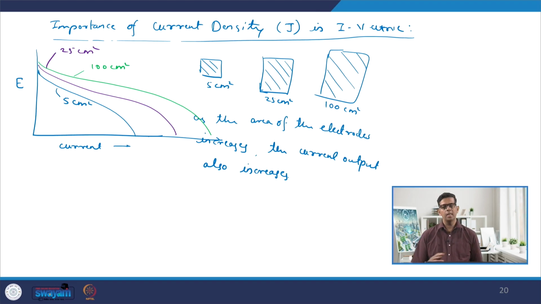We have to normalize their performances based on some parameters, so that only then will we be able to compare and evaluate the performances of different cells of different areas or different compositions. This is very similar to sports, for example wrestling. In wrestling, we have different weight categories.